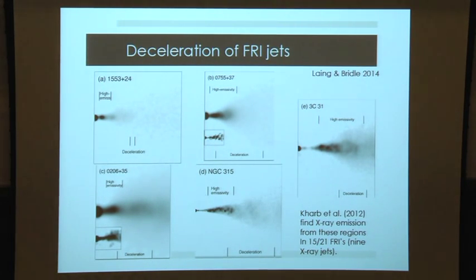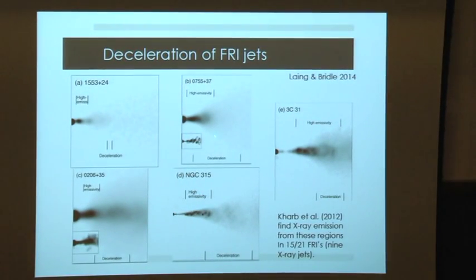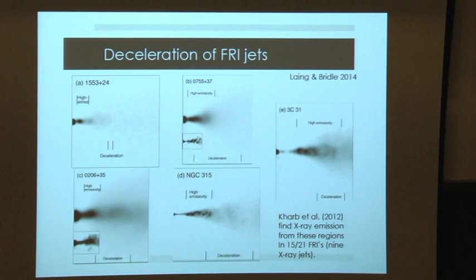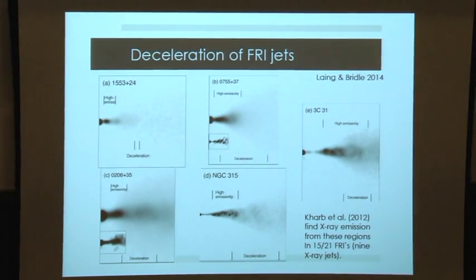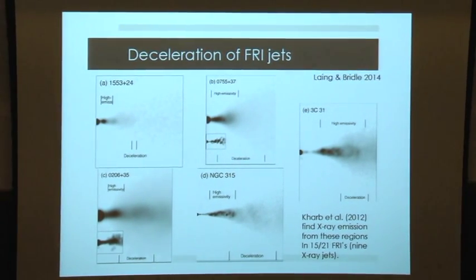It's like a parameter that gives us the position across the jet. If you compare the radio maps and the X-ray maps, via this modeling they show that in all cases but one, the high emissivity region is correlated with the deceleration region.